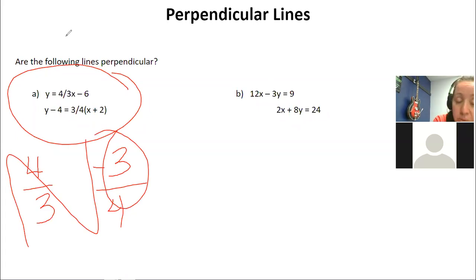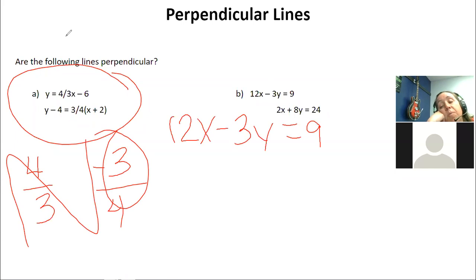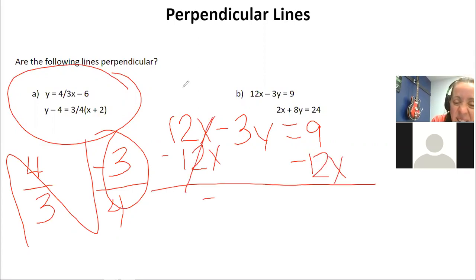Okay, and what do I do for part B to figure out the slopes? What would I do for part B there? Minus 12x and minus 2x. Yep, we have to solve for those y's. I know it's off on spacing.